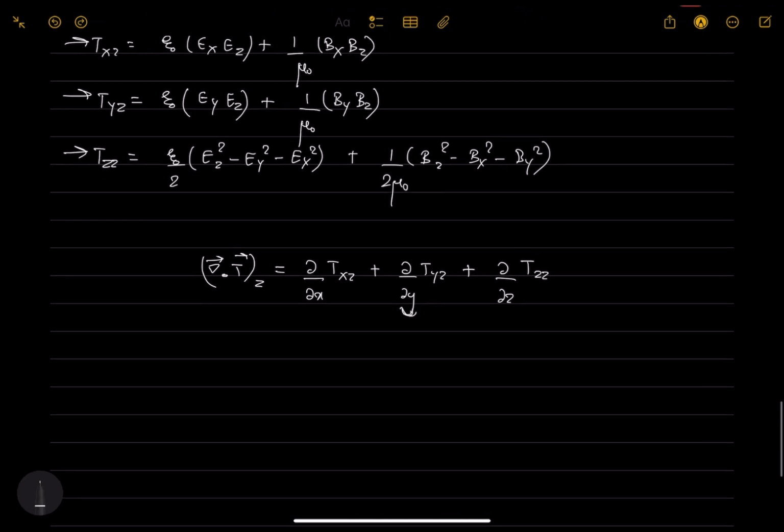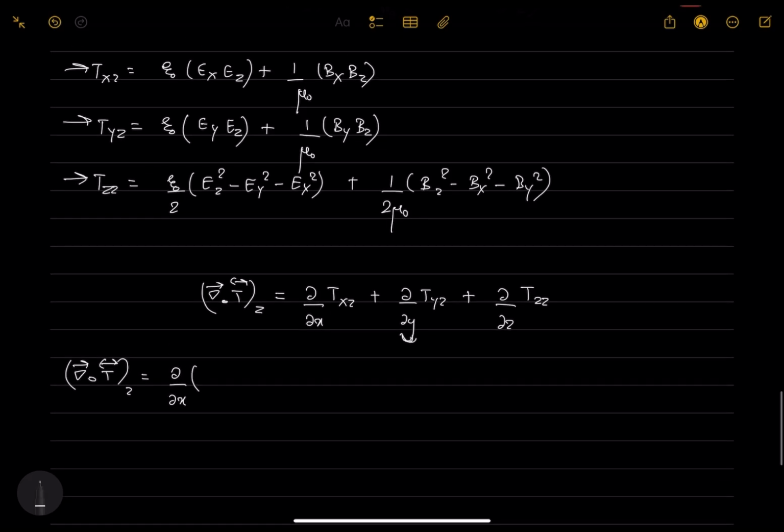Okay, so let's evaluate this. The z-th component of the tensor, the divergence, the z component of the divergence, spoken more precisely, is going to be... Now I said that I'd only write the electric field terms, and the magnetic field terms would be the same as what we obtained for the electric field terms.